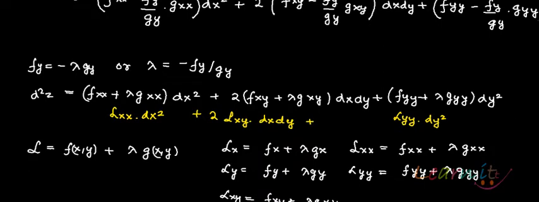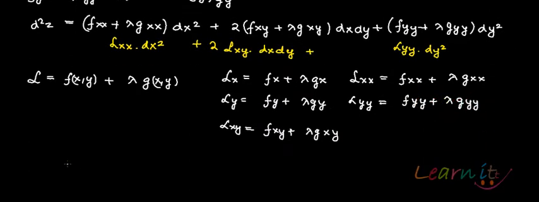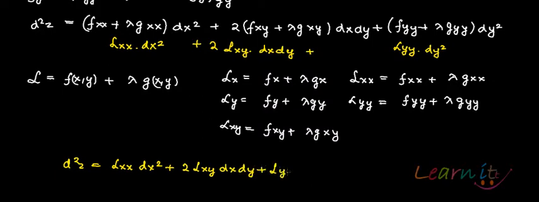So basically you have reduced d2z into Lxx dx2 plus 2 Lxy dx dy plus Lyy dy2.